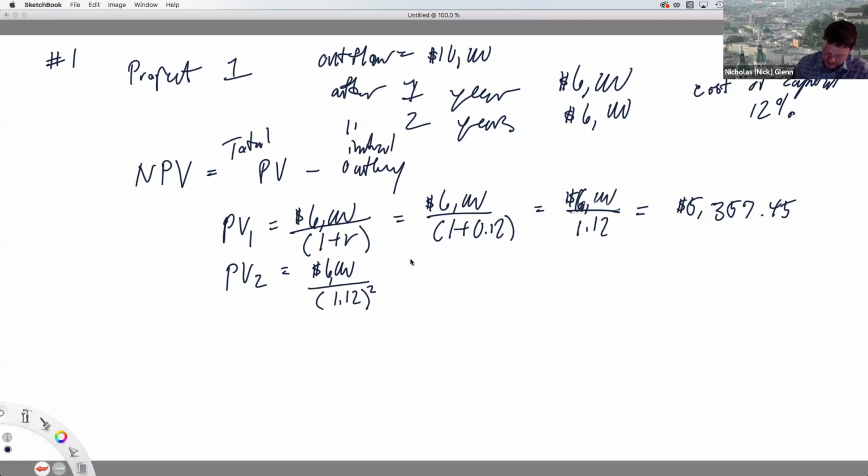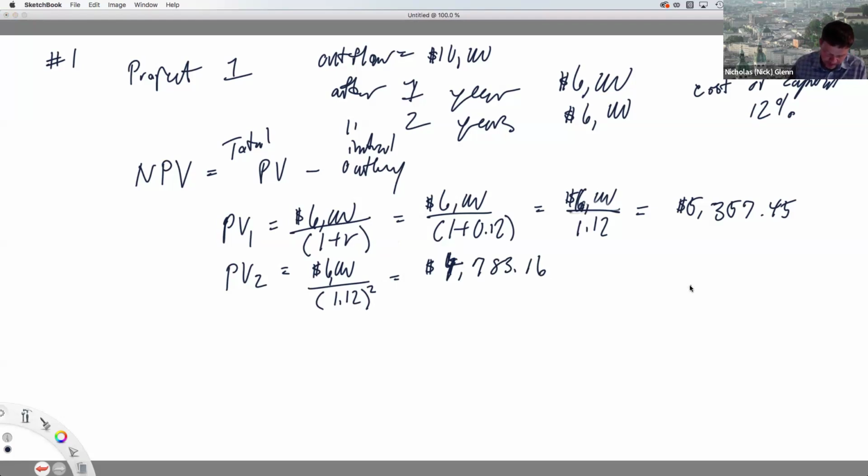So you have to discount it twice essentially. And what you'll get in this example, for the income this company is receiving 2 years from now, is $4,783.16. Okay.